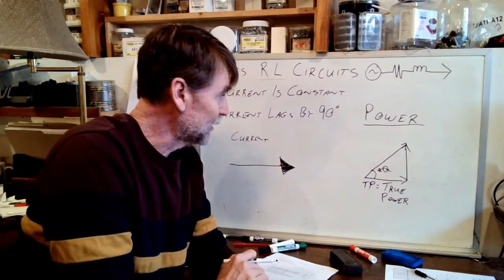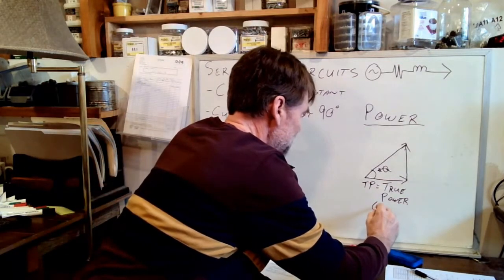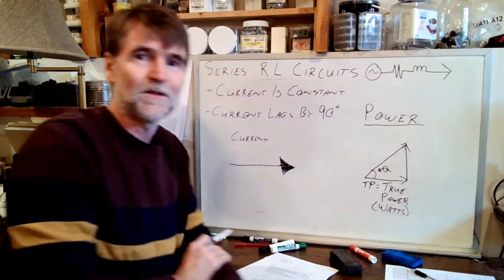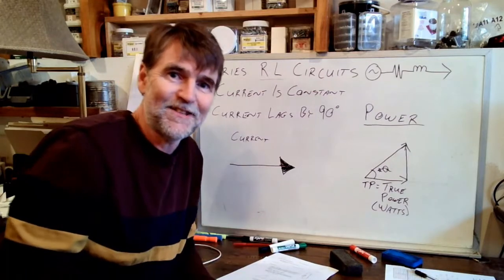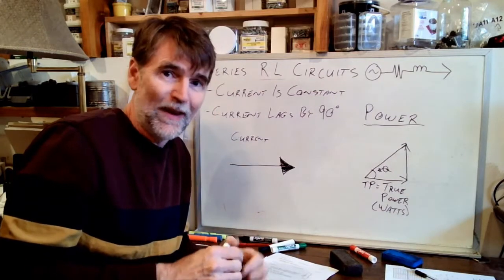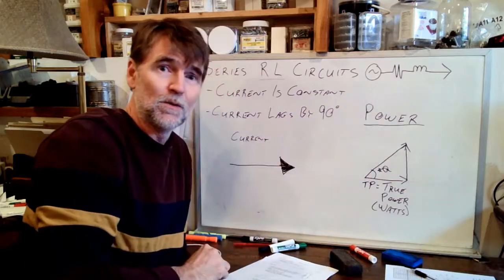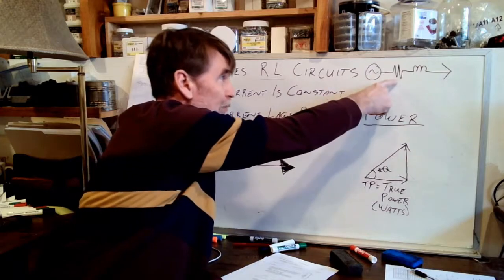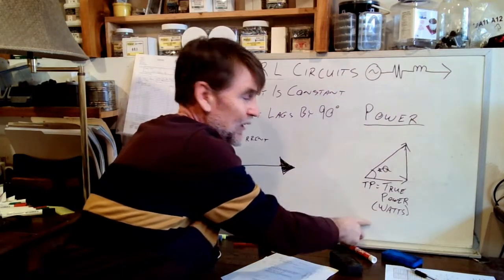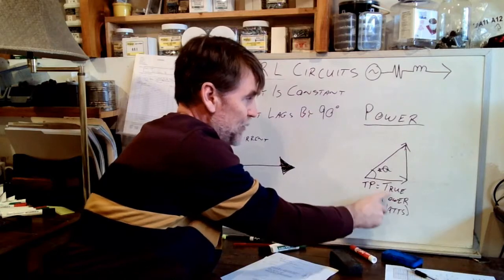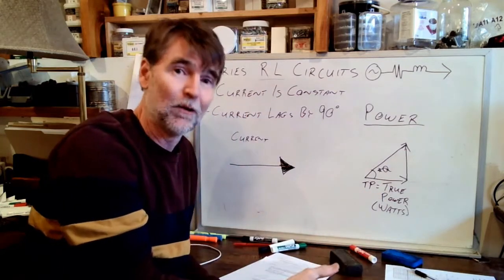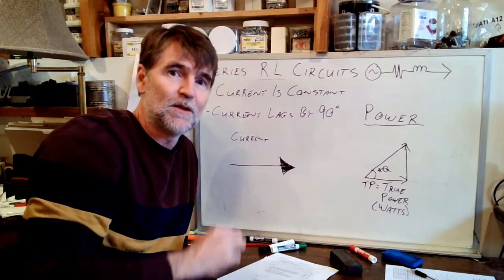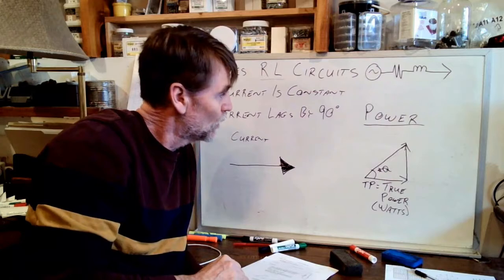And true power is expressed using the units watts. Okay, so in a DC circuit where the only load that we have is a resistive load, we multiply the voltage drop across the resistor by the current through the resistor, and we get an answer in watts. Okay, we don't bother to call it true power, it's just power. It's the only power we have in a DC circuit, but it is this power using the units watts. Okay?